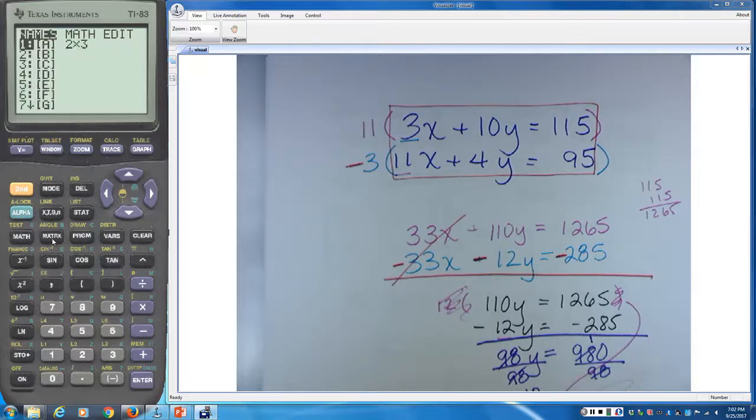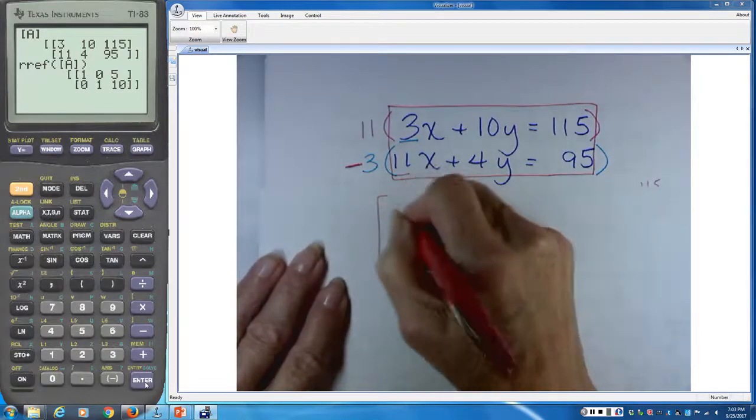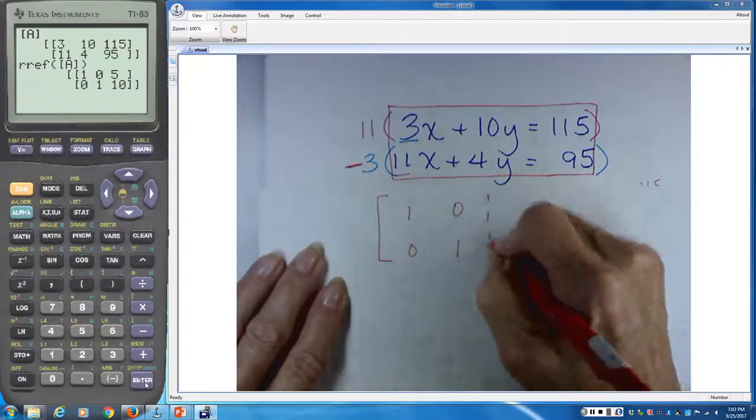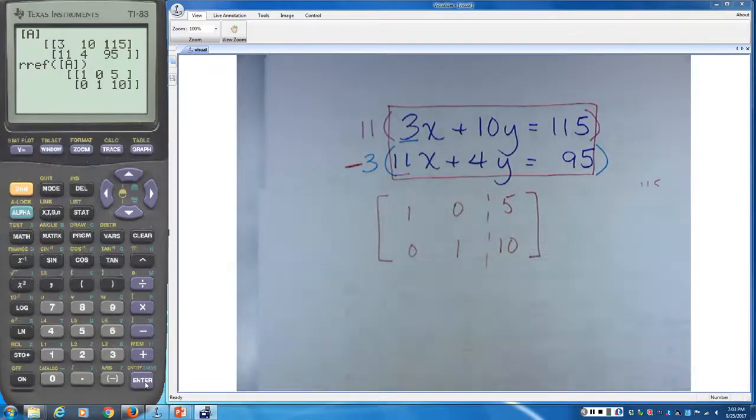So then I go back to matrix, go over to math, go down to B, tell it it's matrix A, close the parentheses and hit enter. So that is the equivalent. We write out that matrix. That's equivalent to the augmented matrix 1, 0, 5, 0, 1, 10.